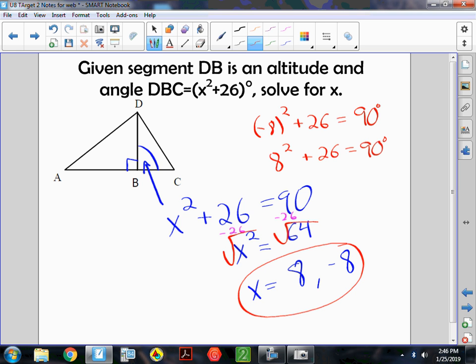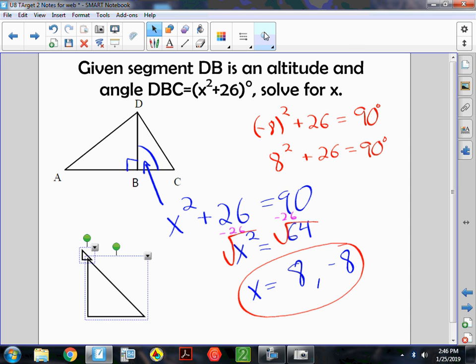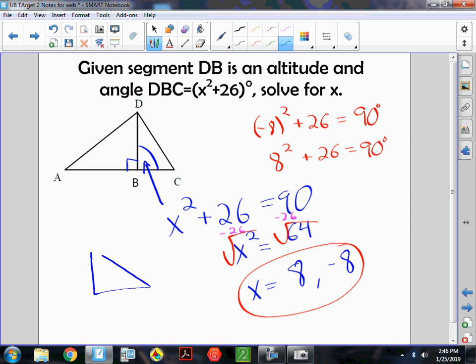An example of one that doesn't make sense is if I had an x, 4, 5 right triangle. Then when I set this up with the Pythagorean theorem, x squared plus 4 squared equals 5 squared.